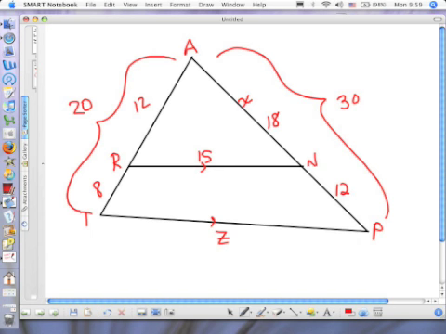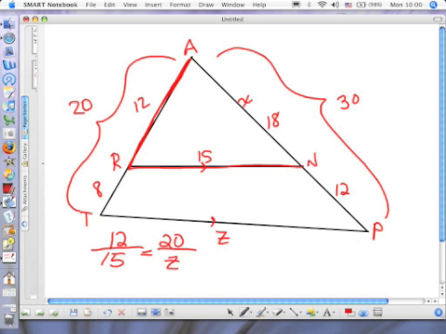So if I wanted to set up the proportion, I'm going to take either side, but I'm going to use the entire side of the smaller triangle over the entire bottom of the smaller triangle is equal to the entire side of the larger triangle over the entire bottom of the larger triangle.